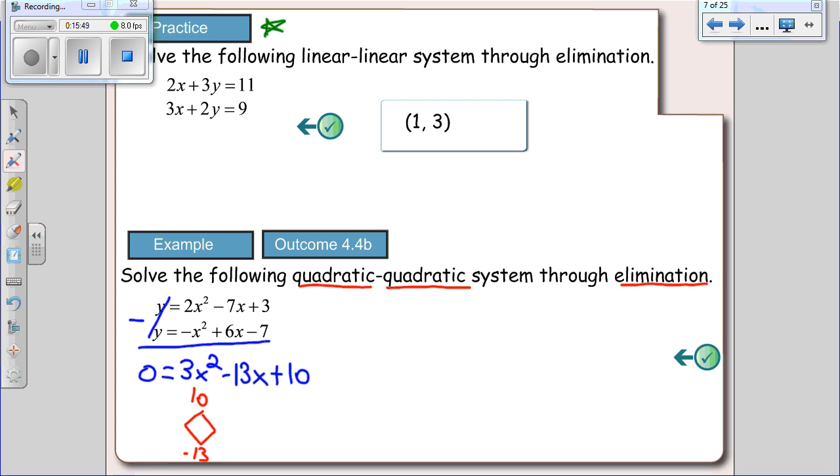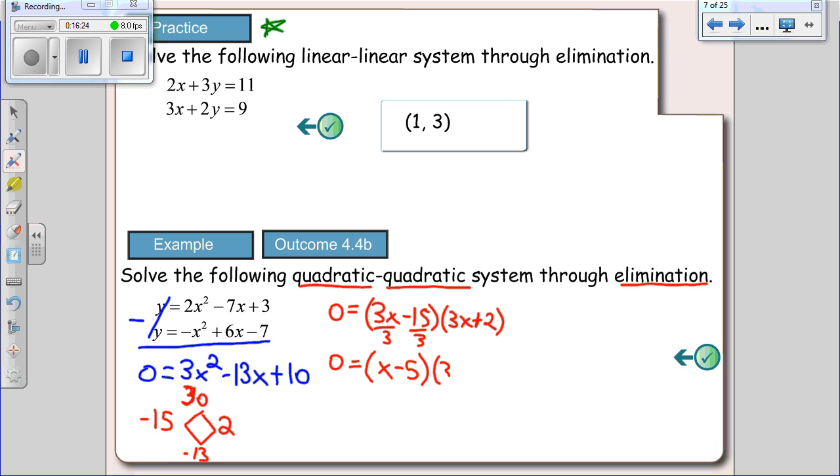Two numbers that would multiply to be 30 and add to be negative 13 would be negative 15 and 2. That means I have 0 equals 3x minus 15, 3x plus 2. I divide this one by 3. So I have 0 equals x minus 5, 3x plus 2. At this point, I can now solve it because I'm in factored form.